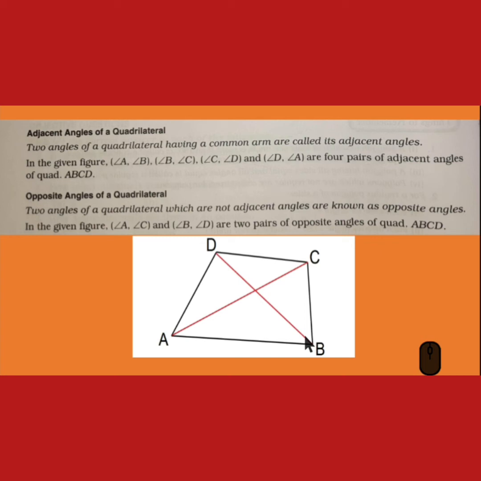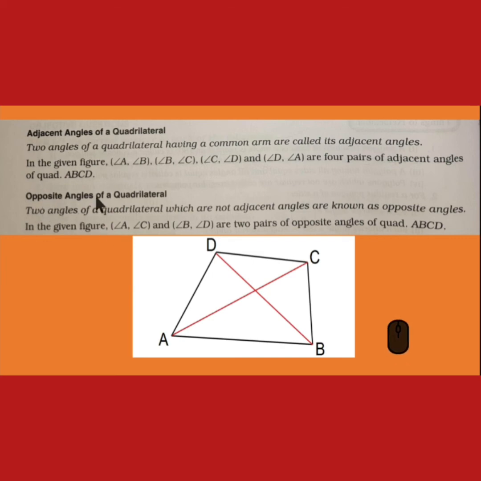So angle B and angle C are adjacent angles. Similarly, angle C and angle D, the common arm is CD. So angle C and angle D are adjacent angles, and angle D and angle A are also adjacent angles because DA is the common arm.